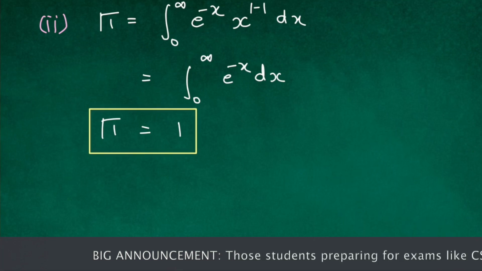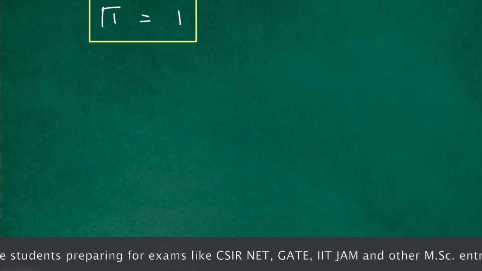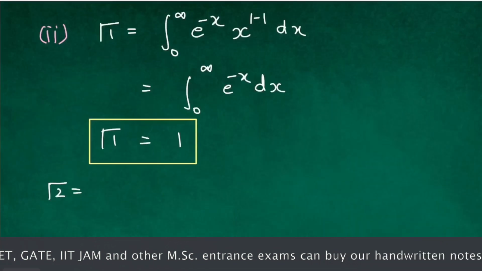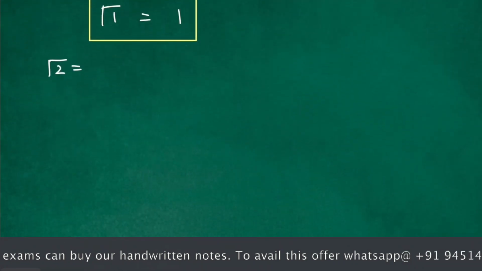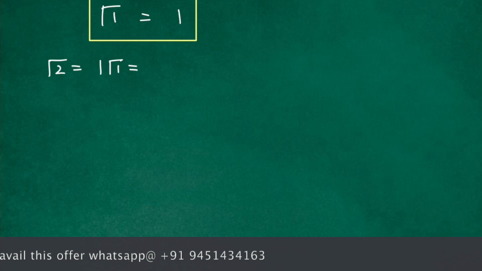Now let's find gamma 2. From this recurrence relation we can write gamma 2 as 1 times gamma 1, and gamma 1 is 1, so it will be 1.